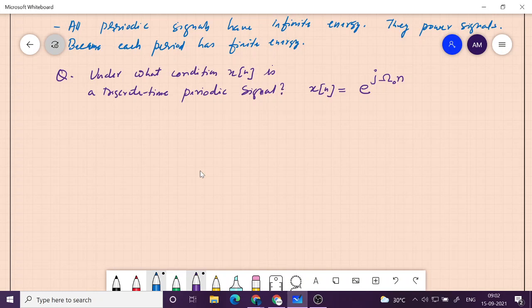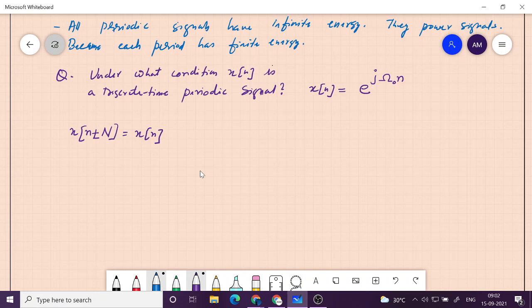So x of n is given as this. Now again, when you talk about a discrete time signal, the requirement is that a discrete time signal is said to be periodic if you shift it by capital N samples, where capital N is the minimum value of the shift, and it could be a left shift or a right shift, then you get back your original signal. Because for a discrete time signal, not all values of time are defined, so you cannot shift by any value, you can only shift by an integer number of samples.